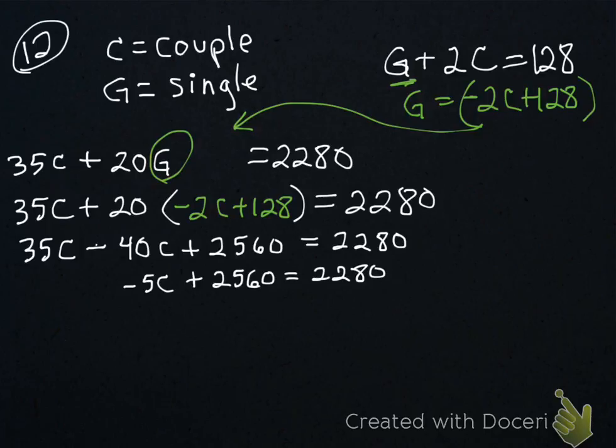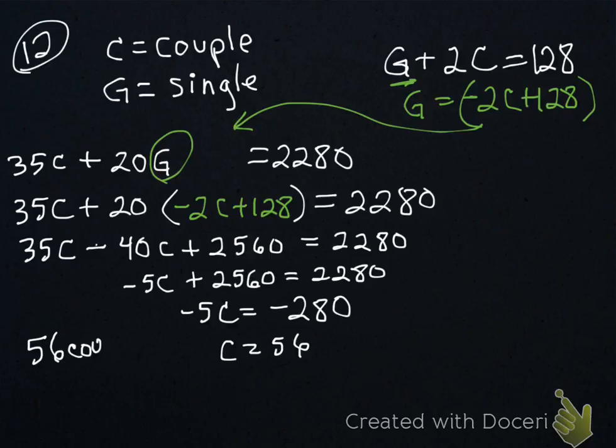Well, that's okay. Move the 2560 to the other side, and I get negative 280. So when I divide 280 by 5, I get 56. So there are 56 couples. Now let's find out how many singles we have.